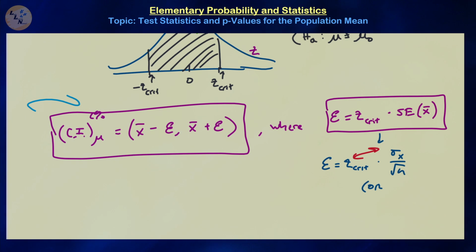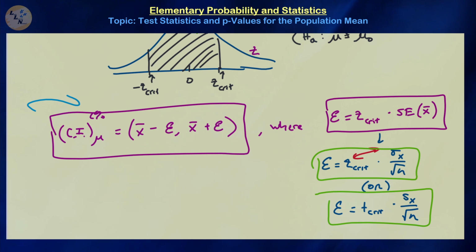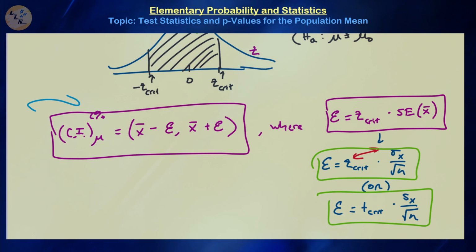Another margin of error that we usually use is a t critical value in the scenario where we do not know the population standard deviation, and we replace that with the sample standard deviation for the sample that we have obtained. So these are the two most common margins of error. Of course, if you know the population size or any other information, the margin of error would be fine-tuned. But those are just some of the basic things for confidence intervals that we discussed last time.